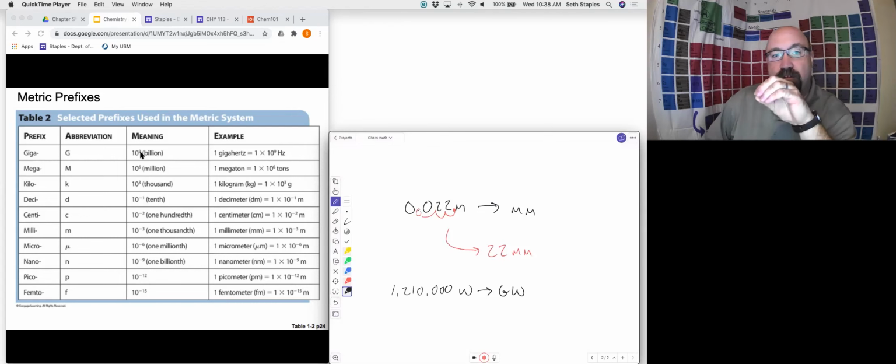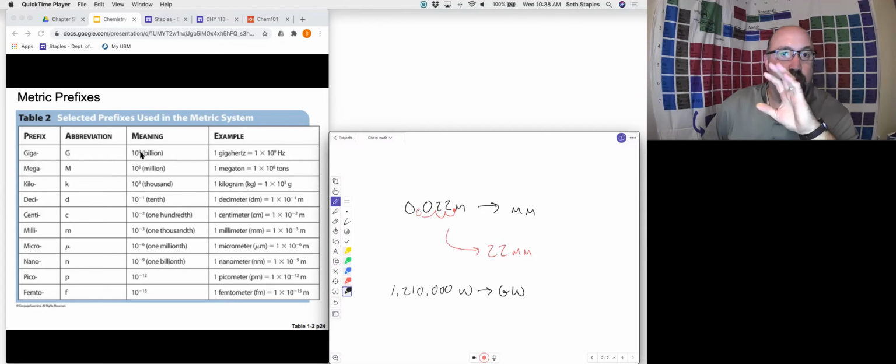Here we're moving from a smaller measurement up to a larger measurement. And so our number's going to get smaller. Again, think of our dollars and cents example. If we have 150 cents and we want to convert that to dollars, then we're going from a smaller measurement to a larger one. And so our number of dollars is going to be smaller than our number of cents.